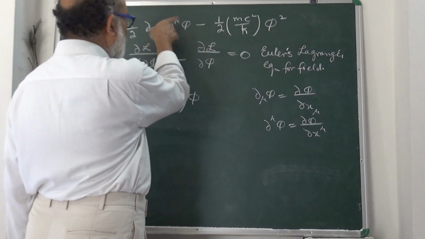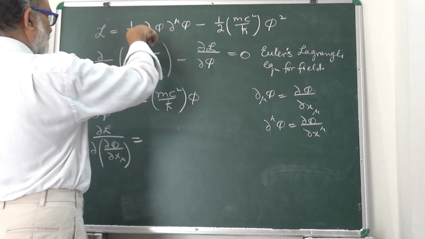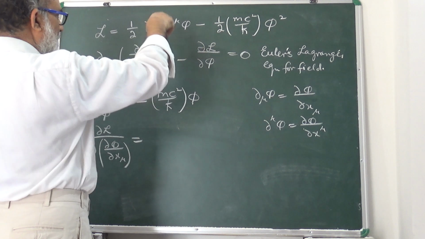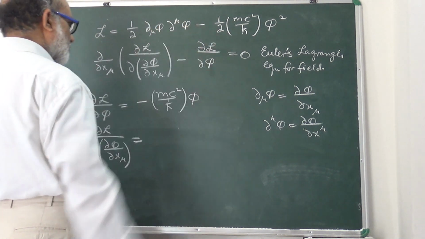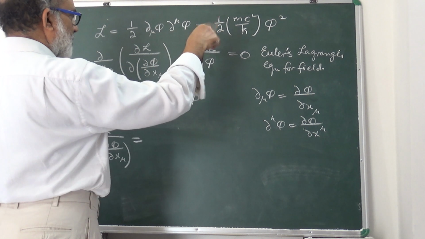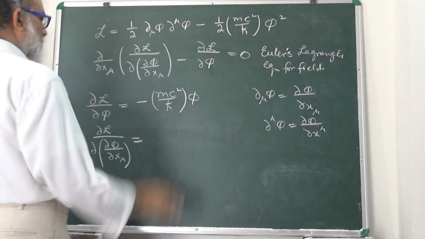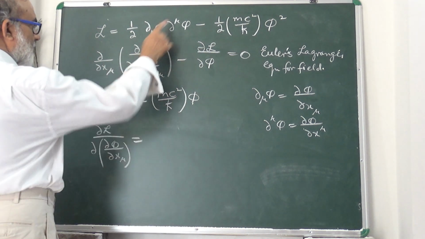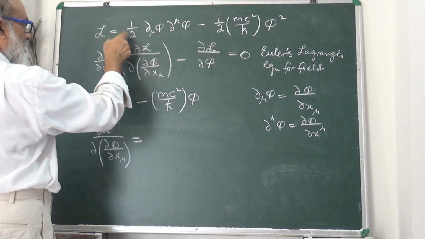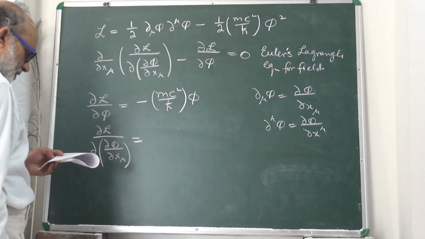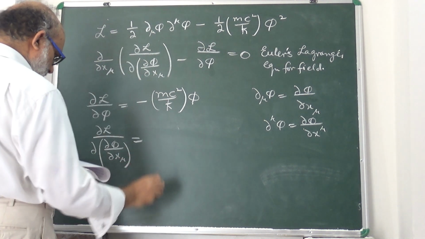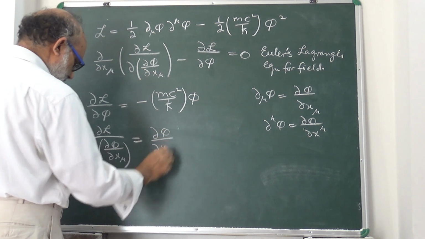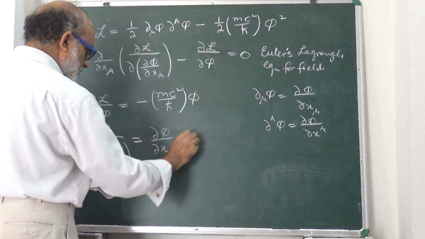If you multiply it out, this will be delta phi by delta x naught squared minus delta phi by delta x 1 whole square minus delta phi by delta x 2 whole square, and so on. If you take its derivative, the square part gives 2, which cancels the half, and you are left with simply delta phi by delta x mu.